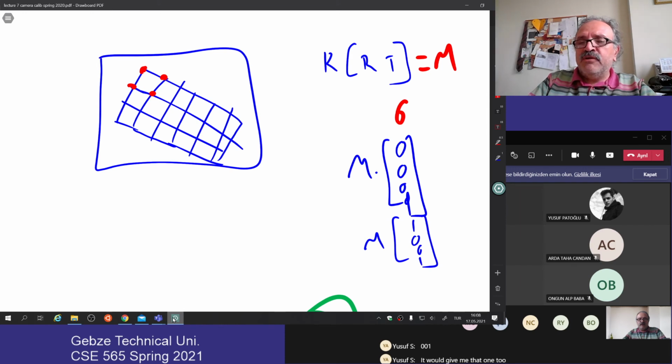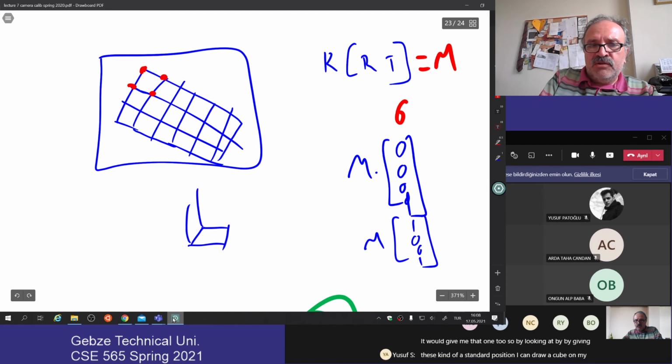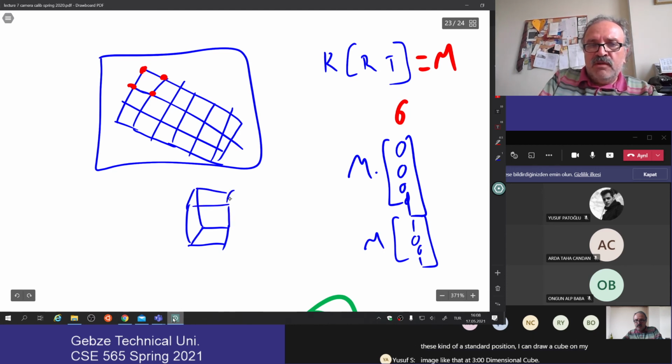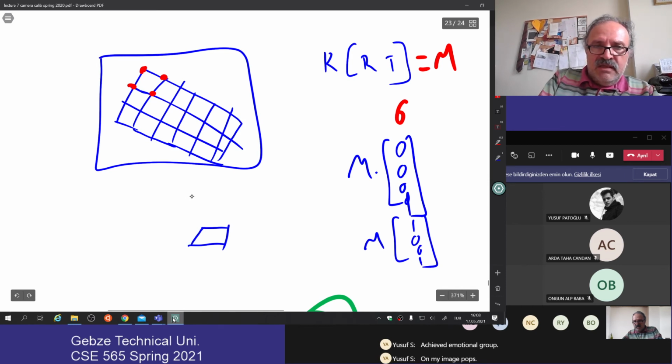So by giving these kinds of standard positions, I can draw a three-dimensional cube on my image like that.